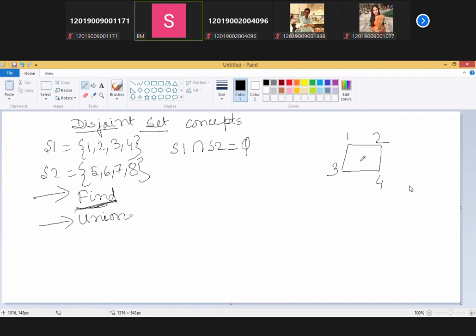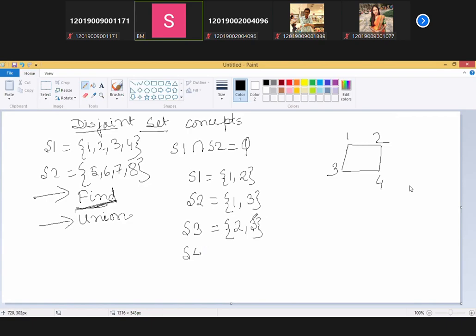Now, what sets can you take? You can take each edge as a different set. Set 1, set 2, set 3, set 4.